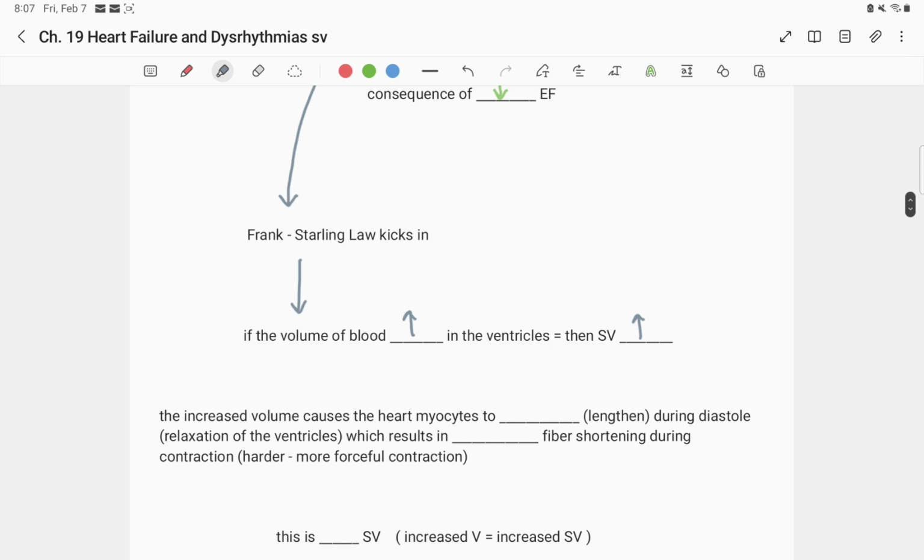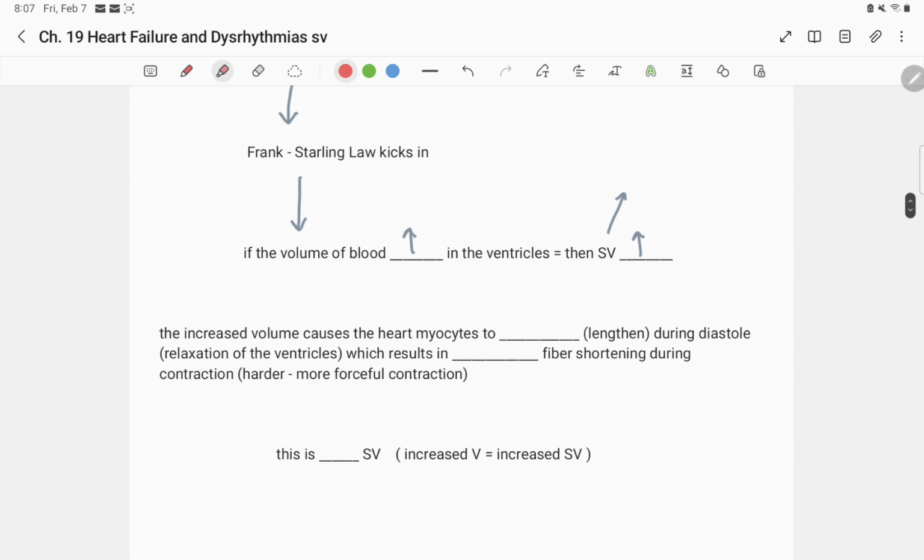Okay, so in other words, the more blood that you put into the ventricle, the presence of that extra fluid increases the volume. So as a result, stroke volume, and stroke volume is how much blood is ejected in one squeeze.